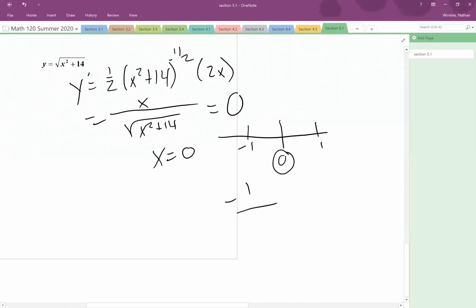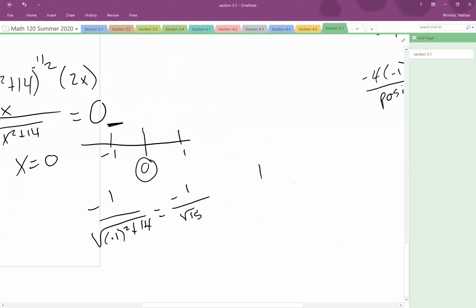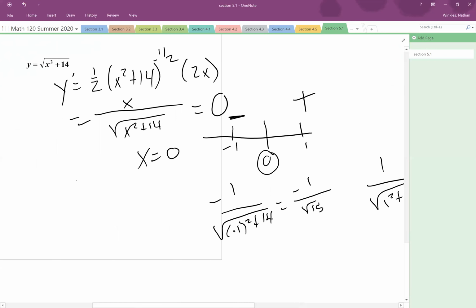So -1 over the square root of -1 squared plus 14 gives us -1 over square root 15. So it's negative. 1 over the square root of 1 squared plus 14 gives us 1 over square root of 15. So it's positive. So therefore, this one is increasing from 0 to infinity.